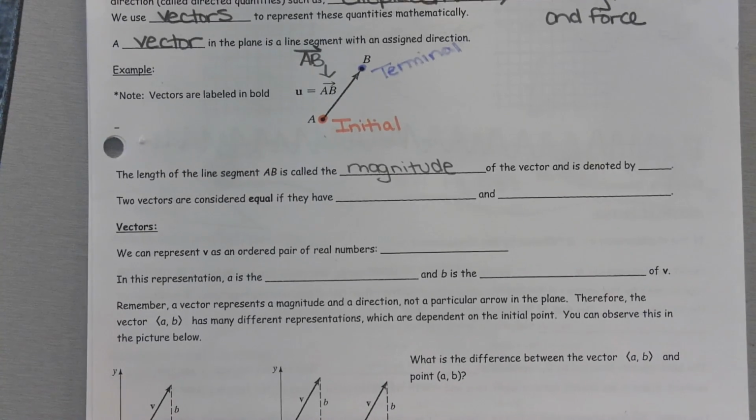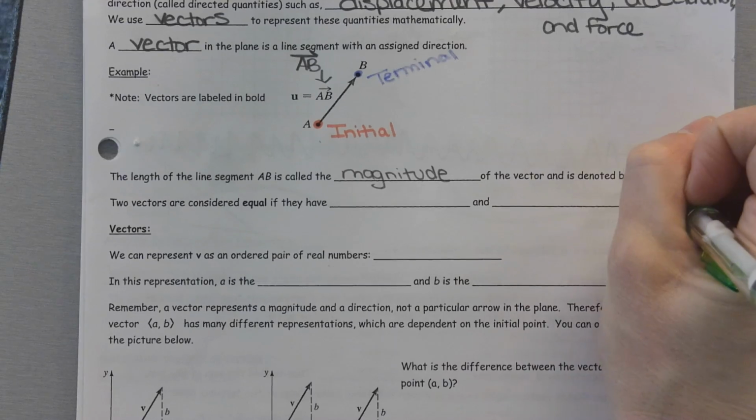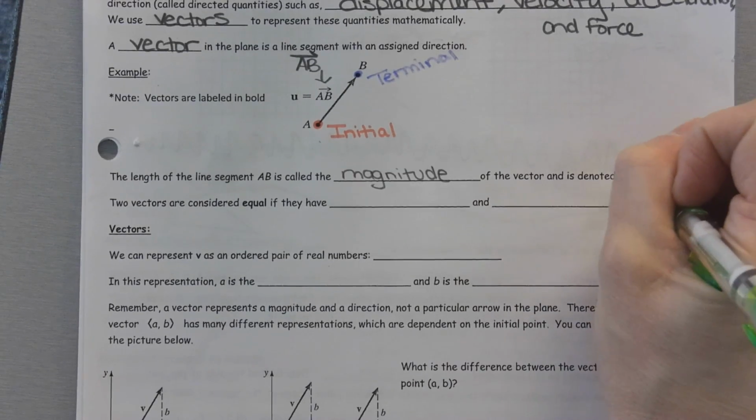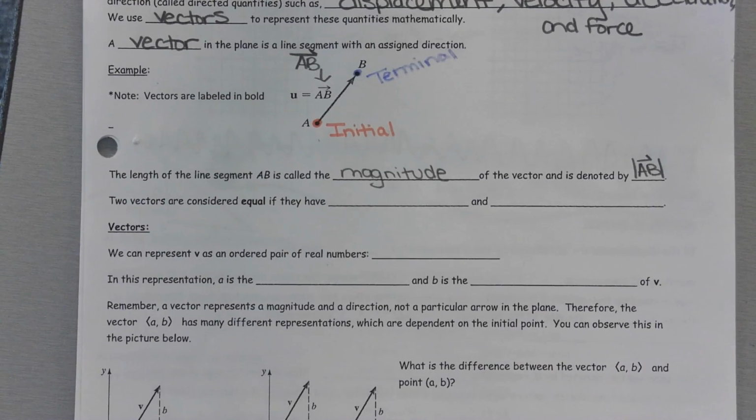The length is called the magnitude, and it's denoted by, so we're going to pretend we have this same vector AB. When you see AB written as a vector, but inside of what looks like absolute values, that means magnitude. And we're going to get a formula for the magnitude as well. Not today, but down the road.